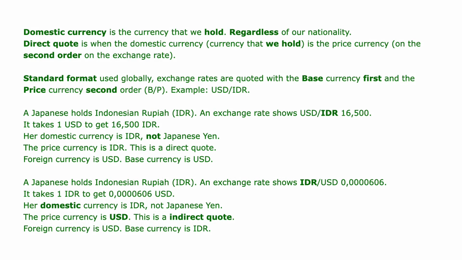Domestic currency is the currency that we hold, regardless of our nationality. A direct quote is when the domestic currency that we hold is the price currency. The standard format used globally quotes the base currency first and the price currency second, B/P.